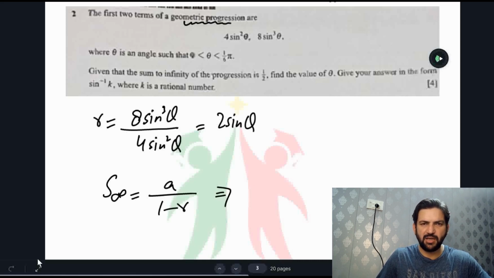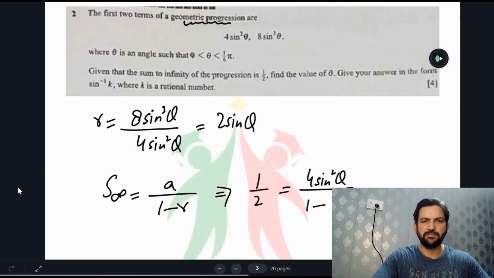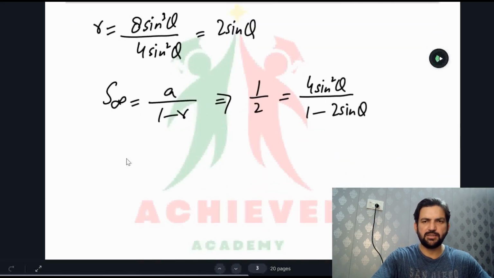We know the value of S infinity. S infinity is 1 by 2. So 1 by 2 is equal to the first term, 4 sine square theta, divided by 1 minus 2 sine theta, because r is 2 sine theta. Now let's rearrange it.